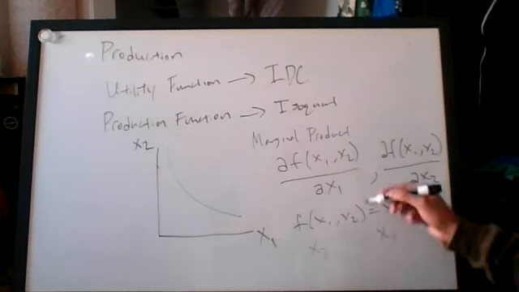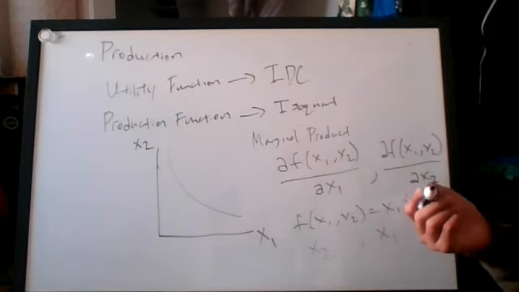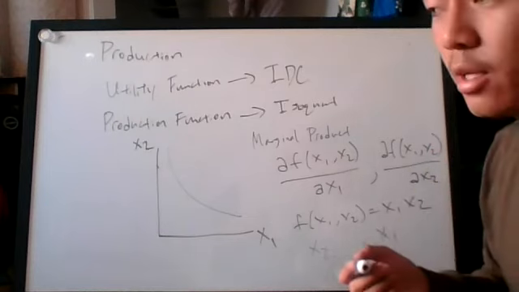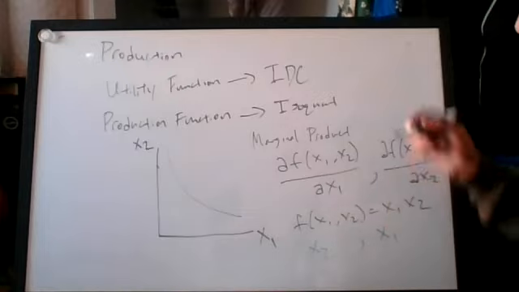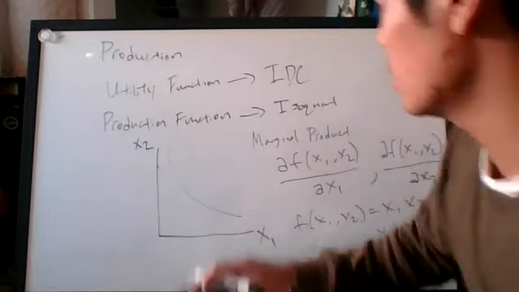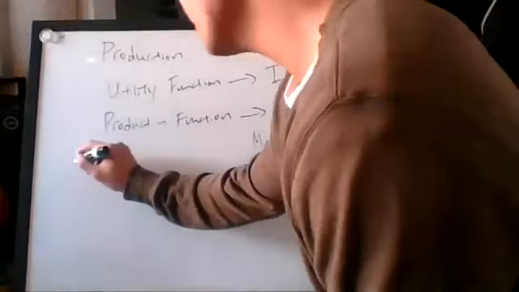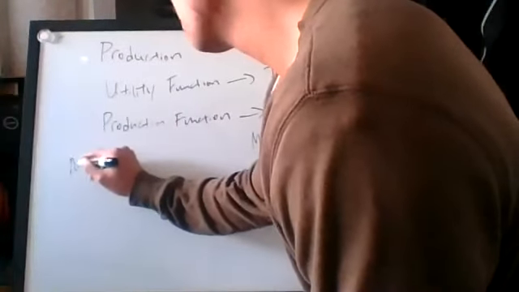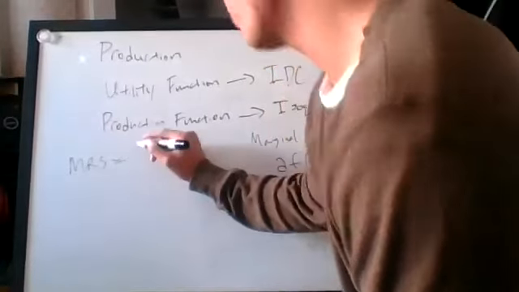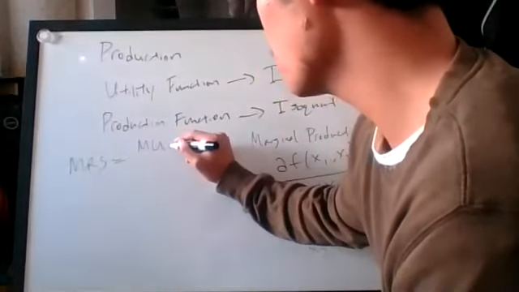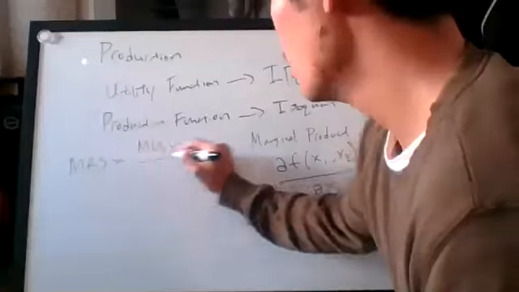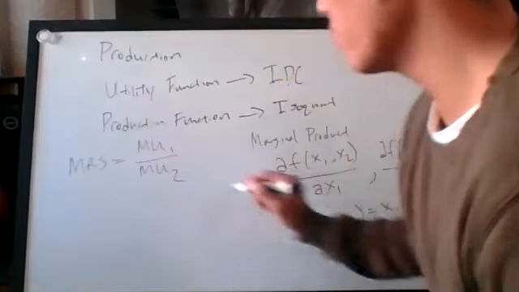And so you'll notice, if you remember when we were talking about consumption, and let's actually bring this over here, our MRS was equal to the ratio of the marginal utility of good one over the marginal utility of good two.